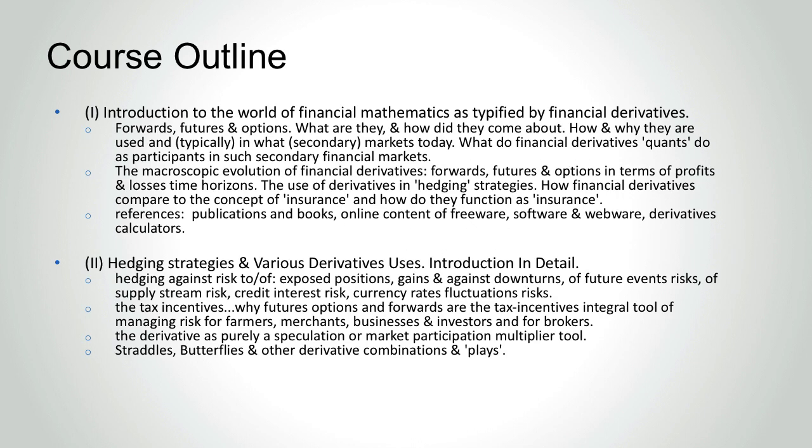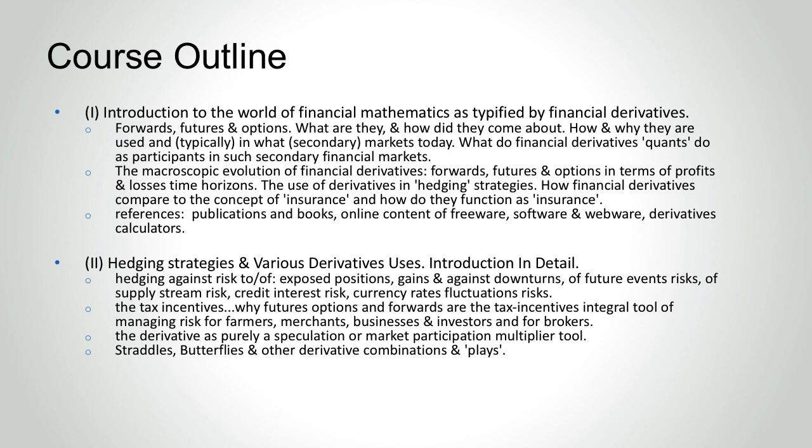So we will discuss forwards, futures, and options, what they are and how they come about and how they're used. And we'll talk about the macroscopic evolution of financial derivatives. That's, again, how they're traded, what their profit and loss profiles look like, how they compare to the concept of insurance.